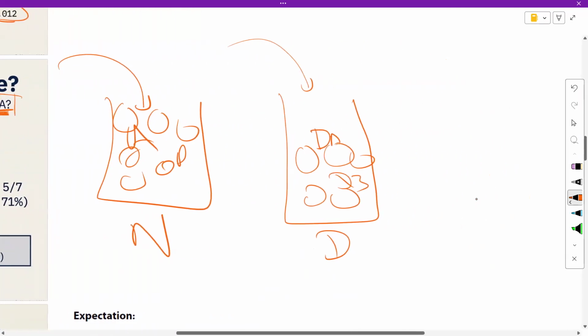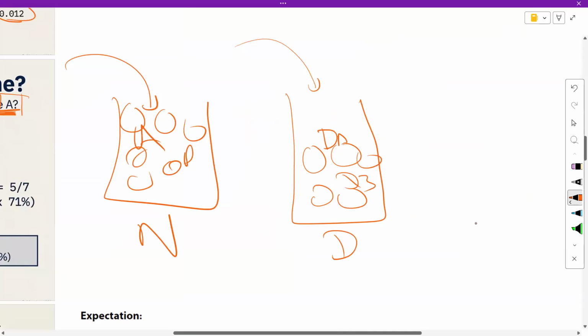Here, the question: what's the probability of choosing an item from this basket that comes from machine A? Now our sample space is this.